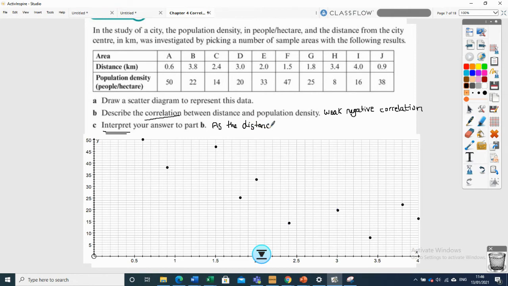As the distance increases, the population density decreases. Okay, and that's what you'd write. Example 1 done.